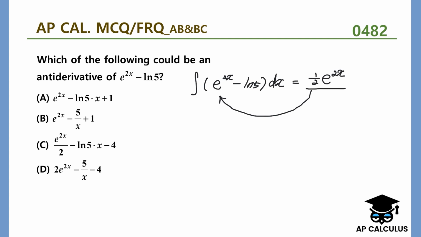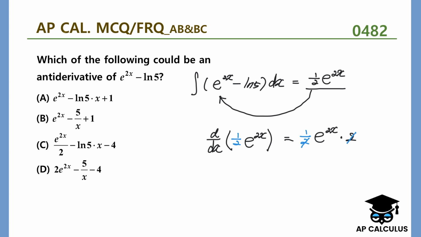Because when we differentiate e to the 2x, we're going to have e to the 2x times 2, right? By chain rule, right? So we must have 1/2 here, so that its derivative is equal to e to the 2x, right?